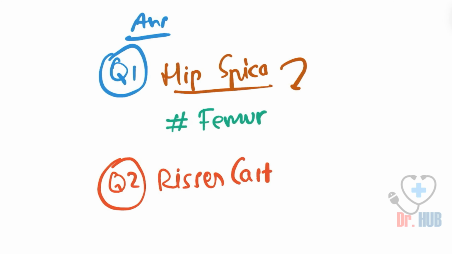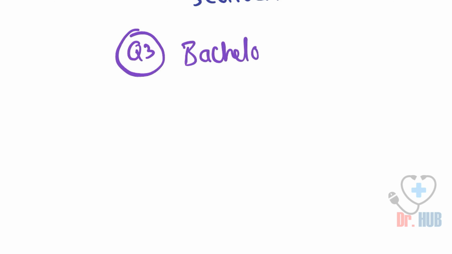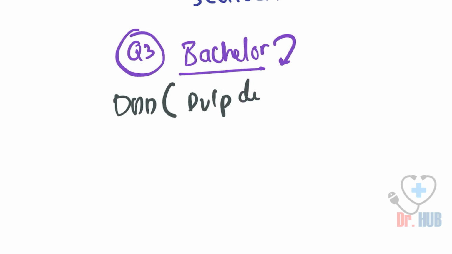The riser cast is used in scoliosis. The third question is, where is the bachelor cast used? The bachelor cast is used in DDH, that is, developmental dysplasia of the hip.